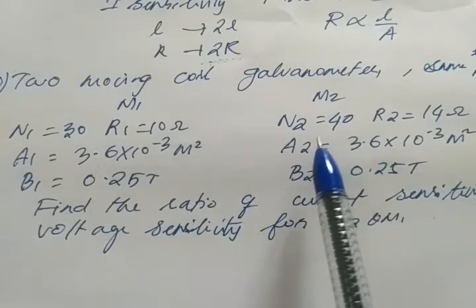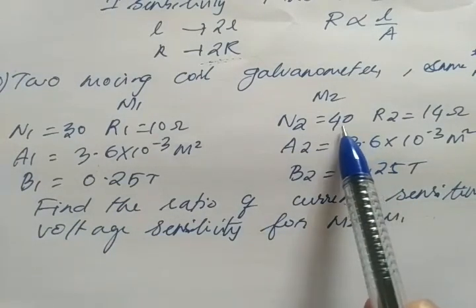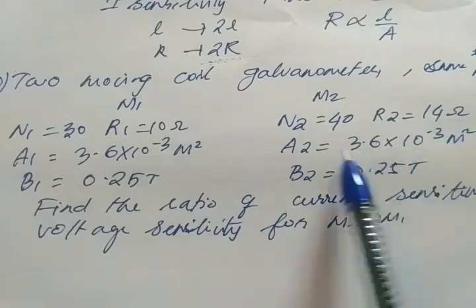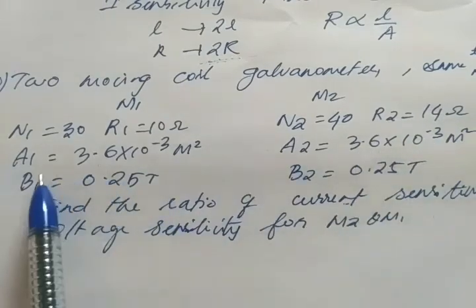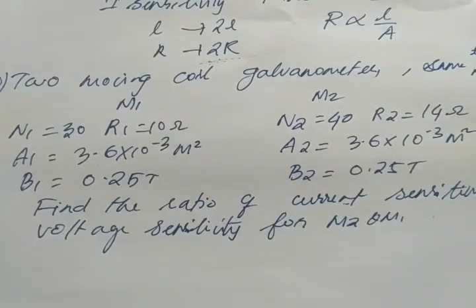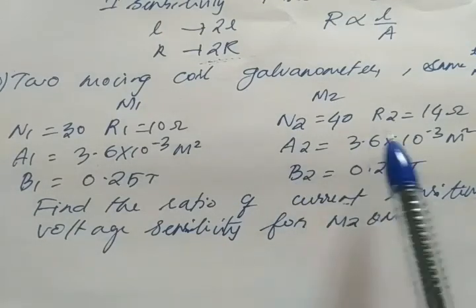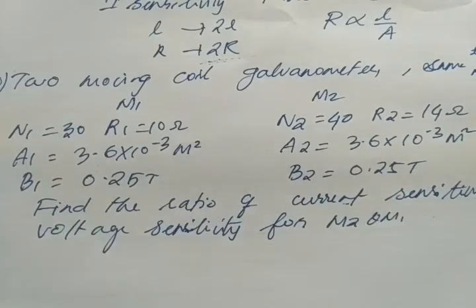In the second moving coil galvanometer, we have 40 turns, 14 ohm resistance, the same area value 3.6, and the same magnetic field. We have to find the ratio of current sensitivity and voltage sensitivity for M2 to M1.